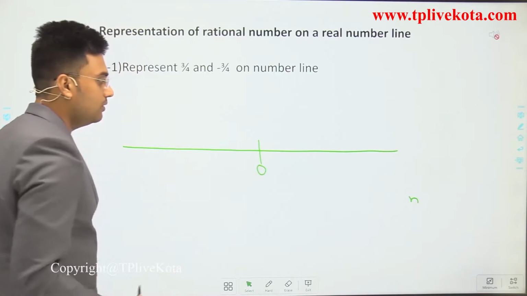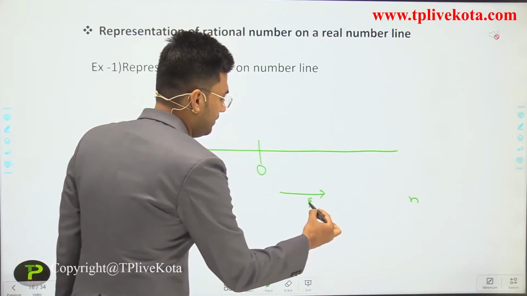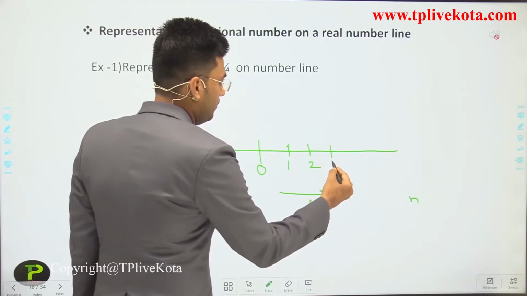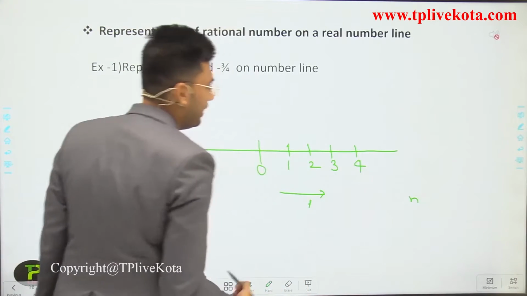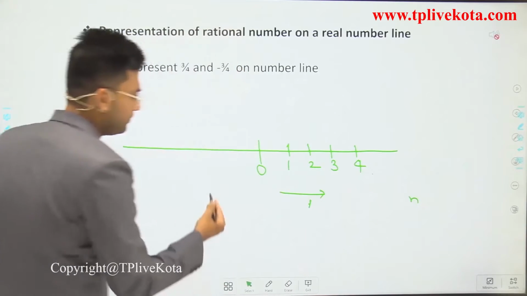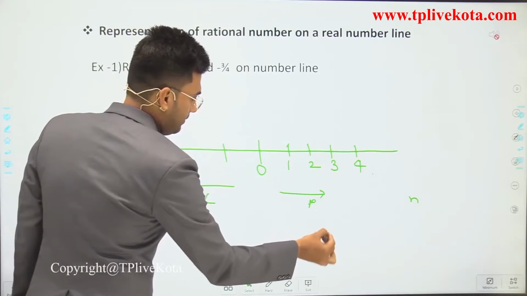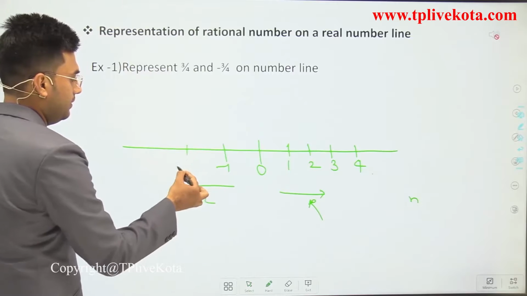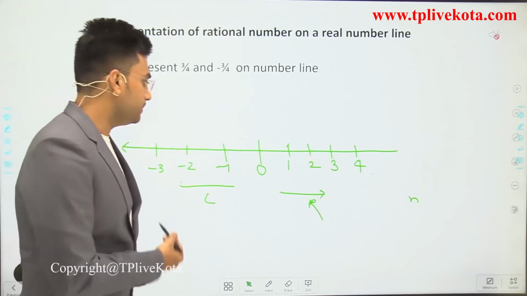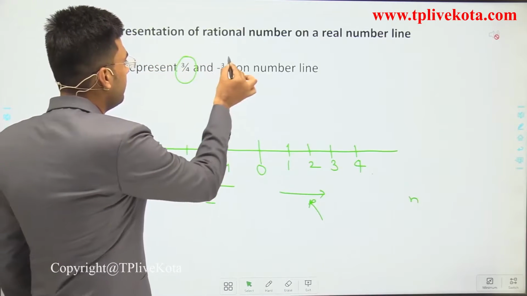This is the 0. If we go through the right side, then it is 1, 2, 3, 4 and so on. And if you go through left side, it is -1, -2, -3. Okay. Now we have to plot 3 by 4 and -3 by 4.